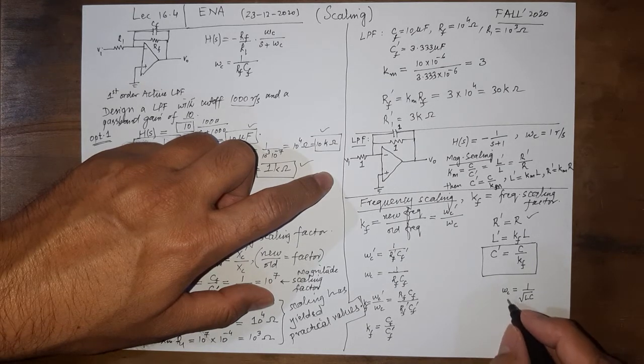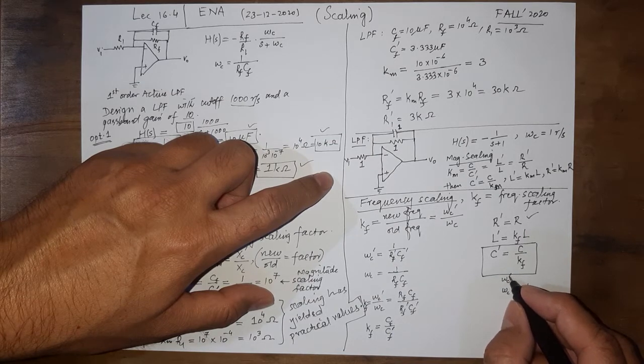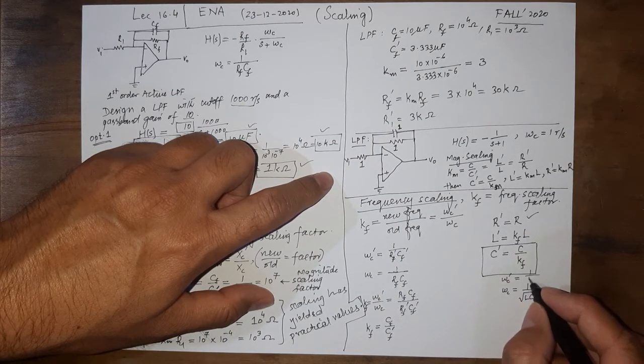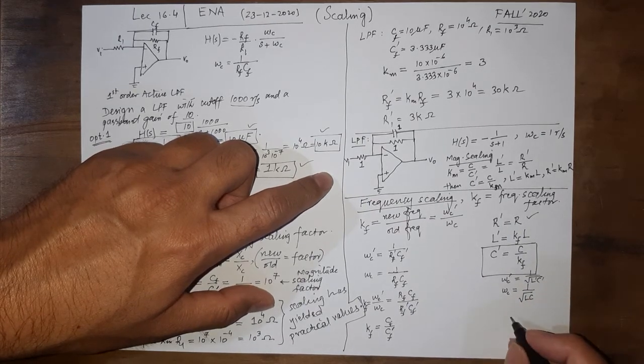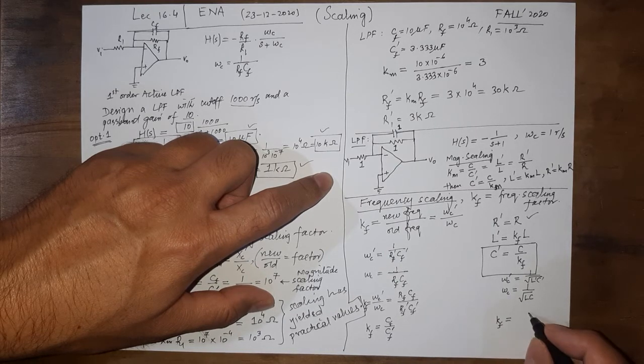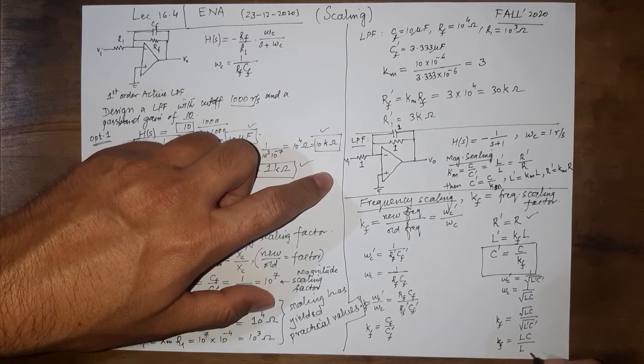Now you can see that if we use the new frequency and say the new component values are L dash and C dash, then the ratio is going to give us KF equal to under root LC over under root L dash C dash.